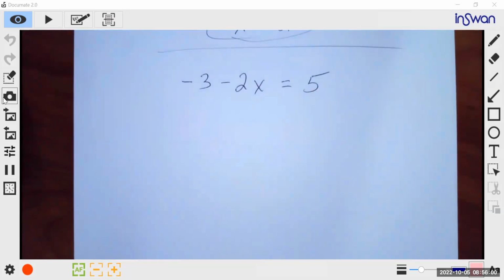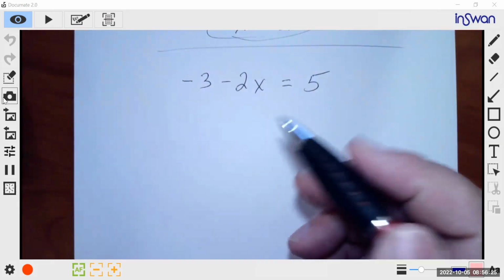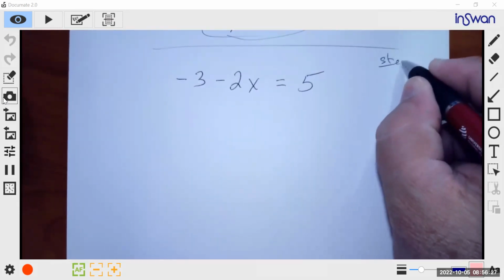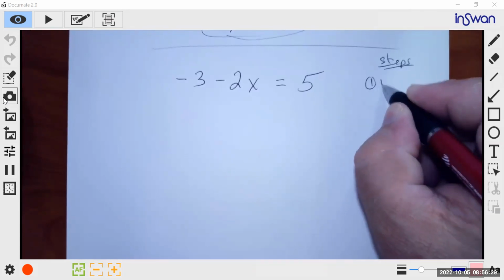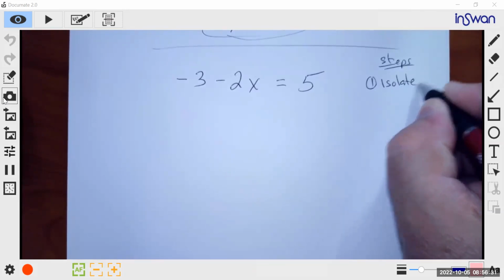Negative 3 minus 2x equals 5. Remember the first step, let's look at the steps. First step, isolate x.